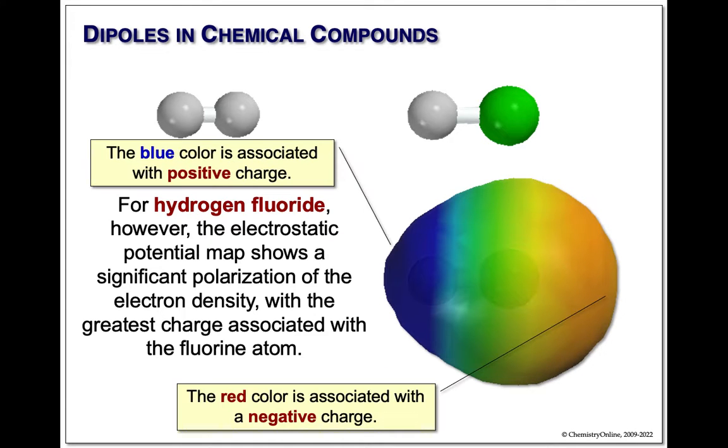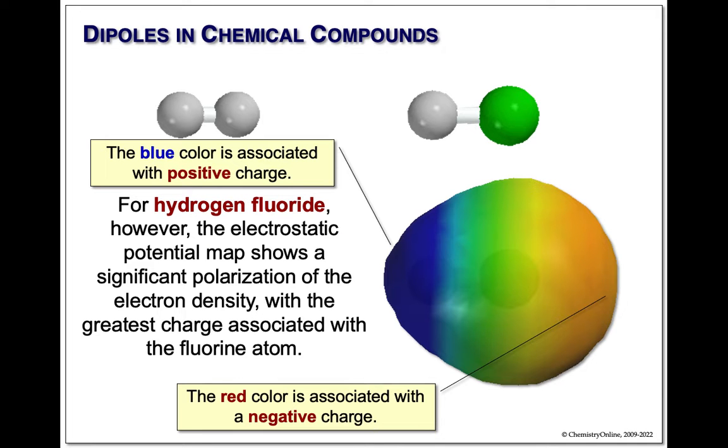We have one region of the molecule that's dark blue, one region of the surface here that's red. Now, when we color these, blue represents the lack of electrons, electron deficiency, or a positive charge. Red shows a negative charge, excess electrons.